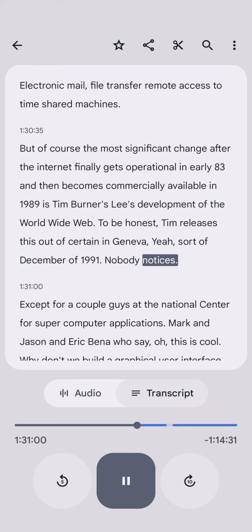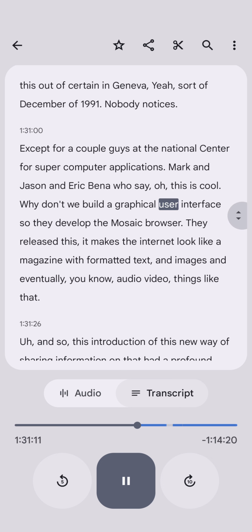Nobody notices, except for a couple of guys at the National Center for Supercomputer Applications, Marc Andreessen and Eric Bina, who say, oh, this is cool. Why don't we build a graphical user interface? So they developed the Mosaic browser. They release this. It makes the internet look like a magazine with formatted text and images and eventually audio, video, and things like that. Everybody notices.